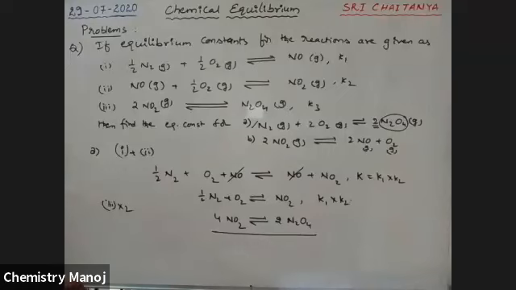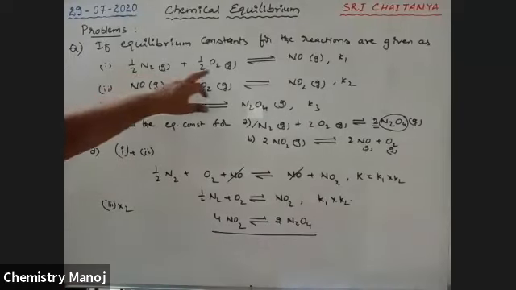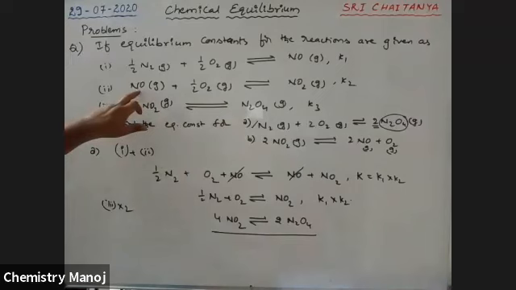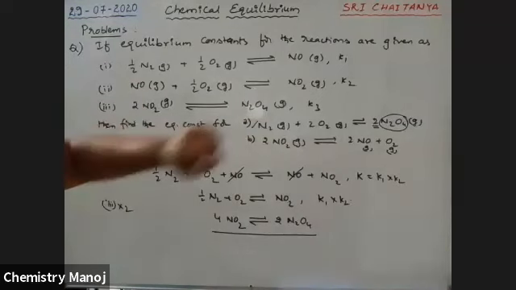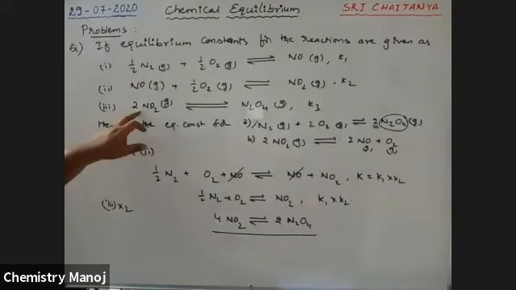Half N2 plus half O2 gives NO, NO plus half O2 gives NO2, and 2 NO2 reversible with N2O4.